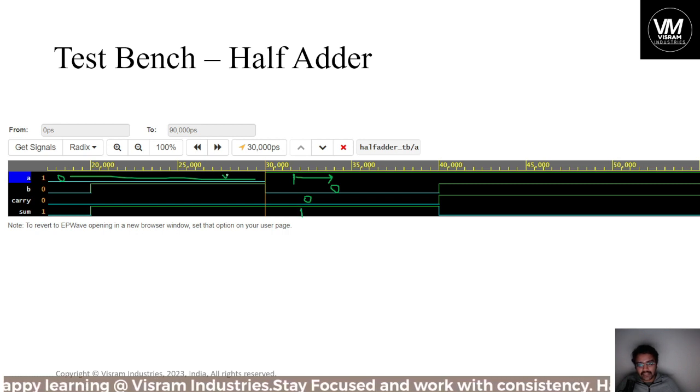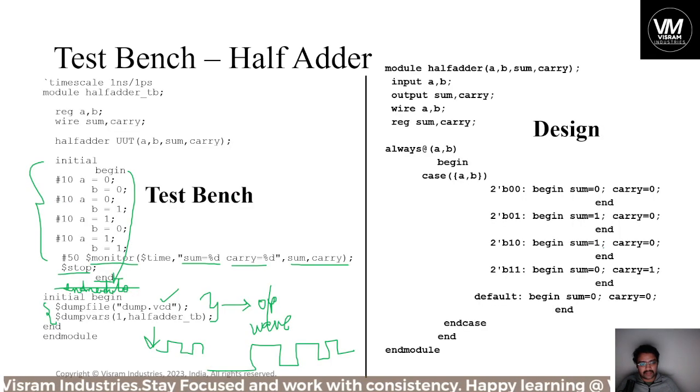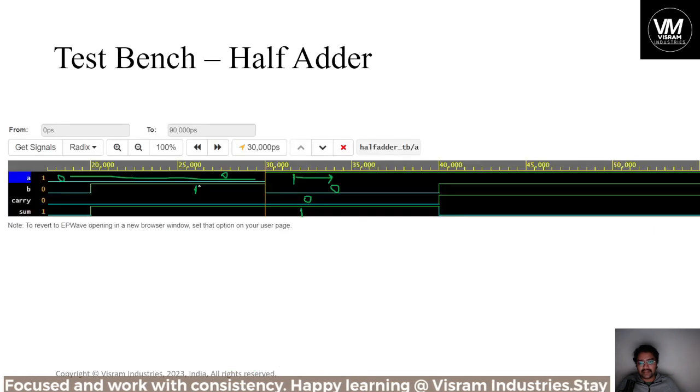Again, now A is equal to 0, B is equal to 1 here. Carry is equal to 0 again, sum is equal to 1. This is sum. This is carry. This is B.